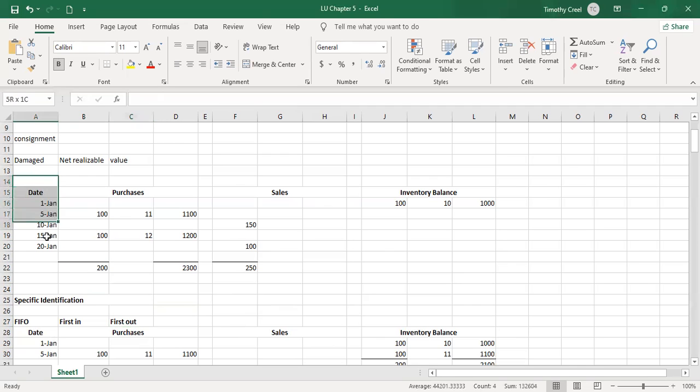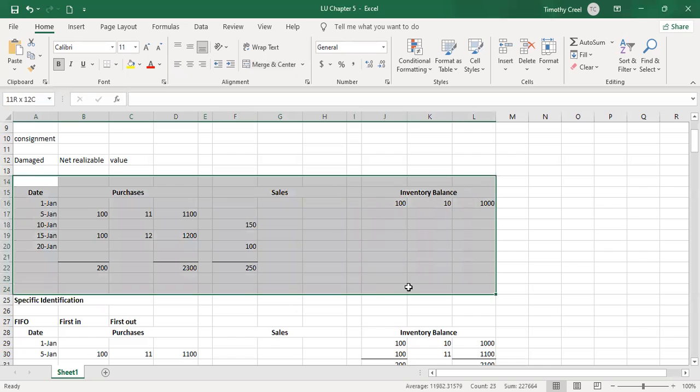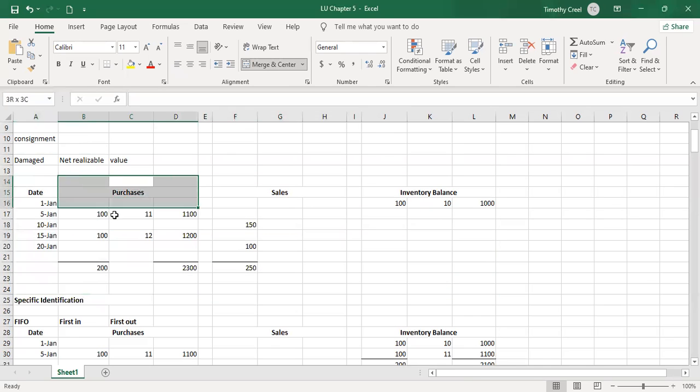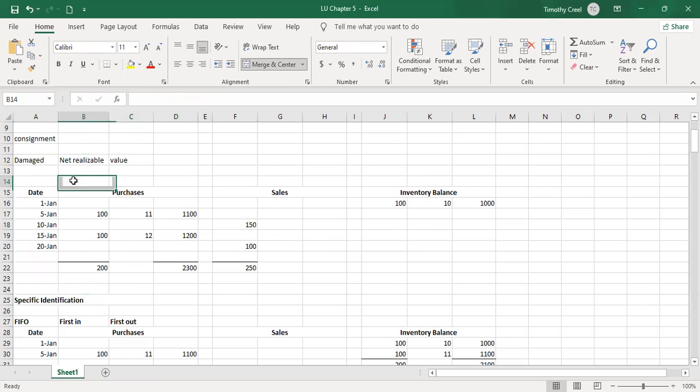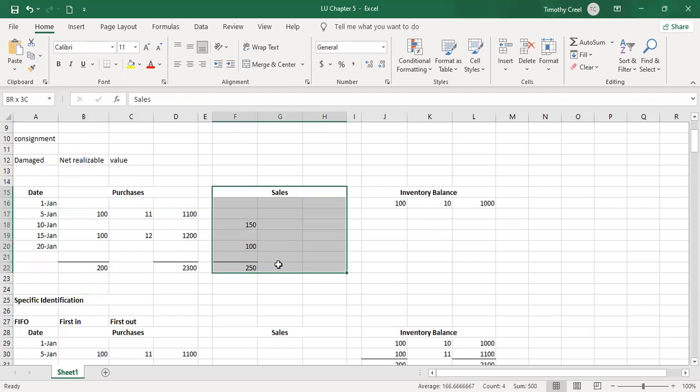So this is the data that we're going to use. And basically, you notice I've got a column here for purchases. So this is going to represent the number of units, the price per unit, the total for that purchase. Then I've got sales right here.